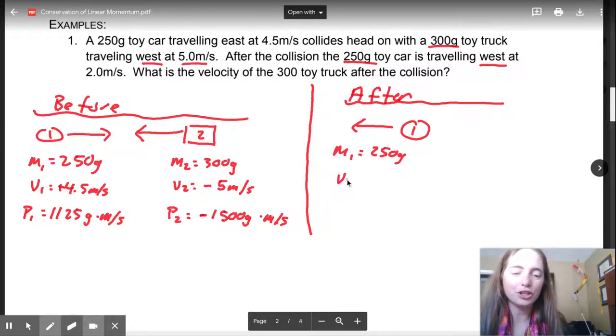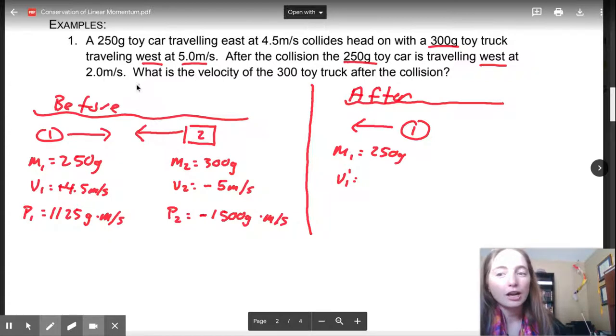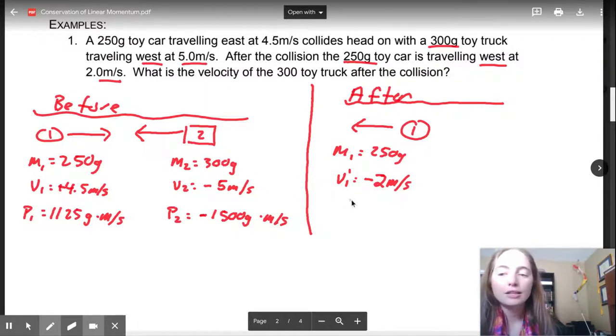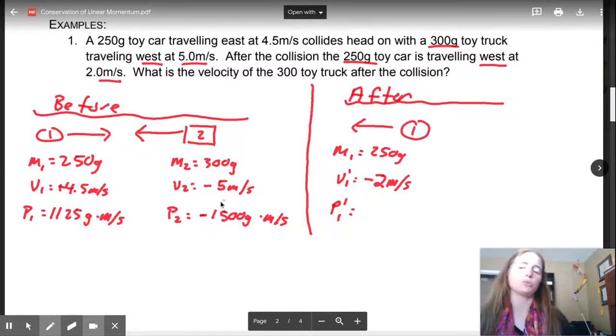And V1 prime. Note that prime now. We've changed. The velocity's changed. West 2 meters per second. This is now negative 2 meters per second because we're going west. Watch your vector directions. Then P1 prime. You can multiply MV. You guys know that. I will be totally okay when it comes to showing your work if you show it like this and you don't write P equals MV and then put the numbers in; you can do this with a 3-letter equation now.